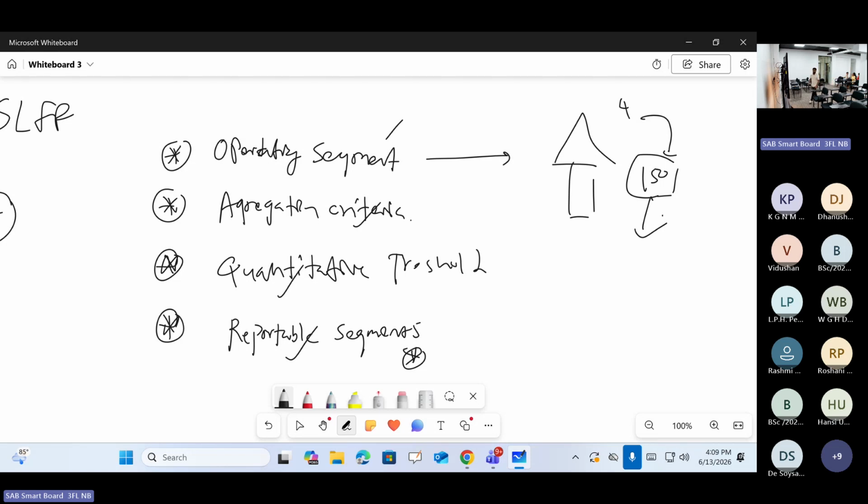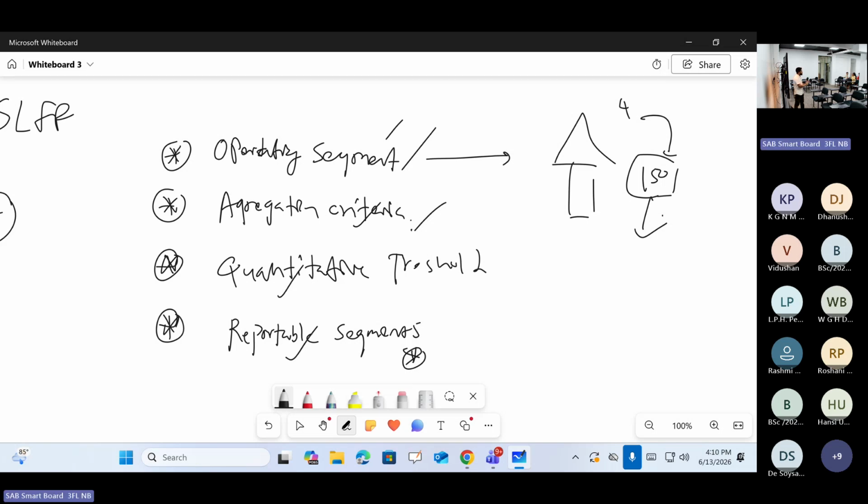Because of that, we are having this guideline, this standard. What we need to do? Once we are having many operating segments, next step, you can aggregate some of the things. You can accumulate, you can add together, you can collect some of the segments. You can't add cheese and butter and ice cream and tires together.